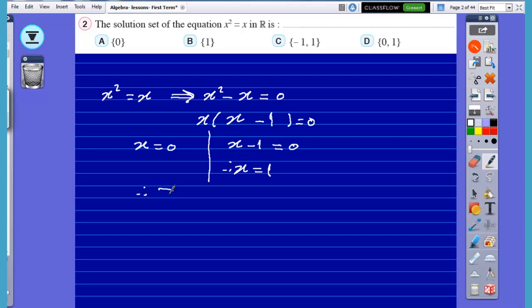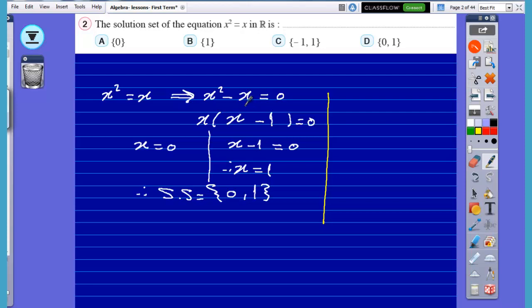So the solution set equals 0 and 1, and we can use the calculator to solve this quadratic equation. We know that here we have x squared minus x equals 0, so the coefficient of x squared is 1, the coefficient of x is negative 1, and the absolute term equals 0.